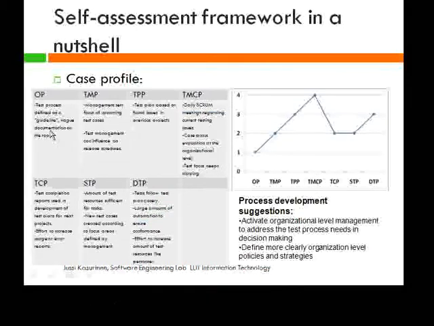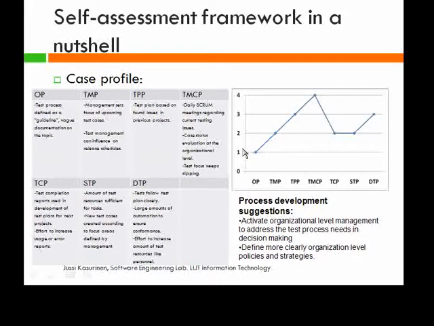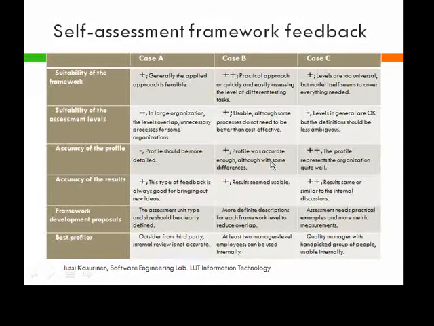We can see here that there are different observations based on the activities which are related to the responsibilities of the process, and there are development suggestions like activate organizational level management to address the test process needs in decision making, and define clearer organizational level policies and strategies which would put this to there, possibly even there, and make this process which is lagging behind closer to the general line.